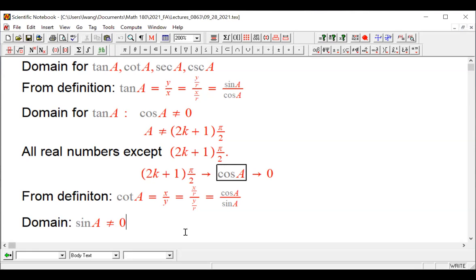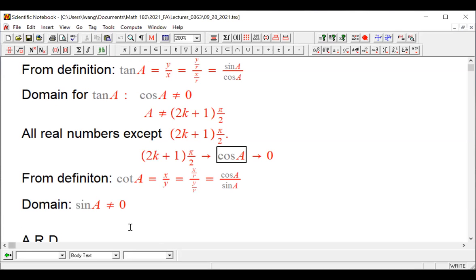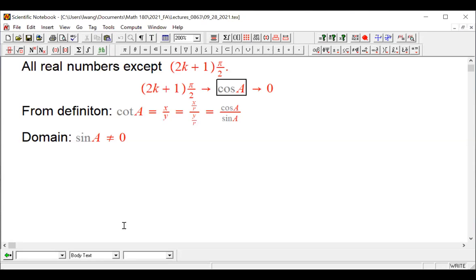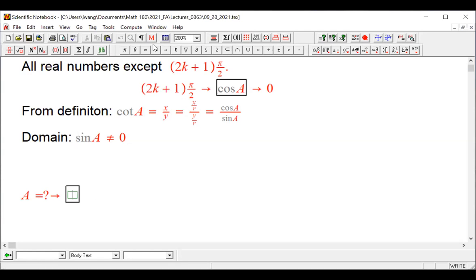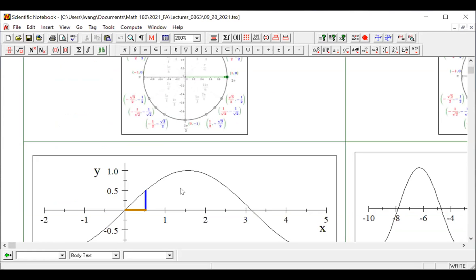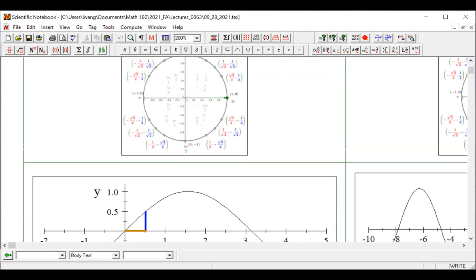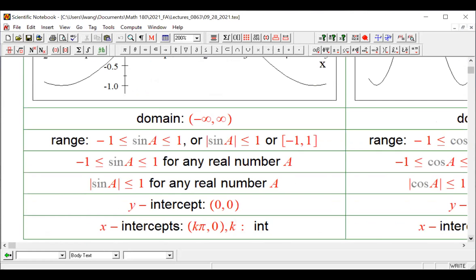And what will make sine A equal 0? We just did it, didn't we? What value of A going through the sine function will produce 0? The x-intercepts, right?